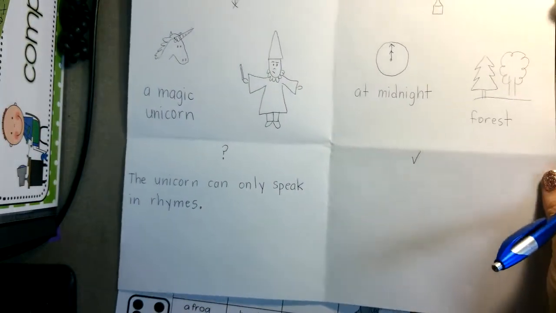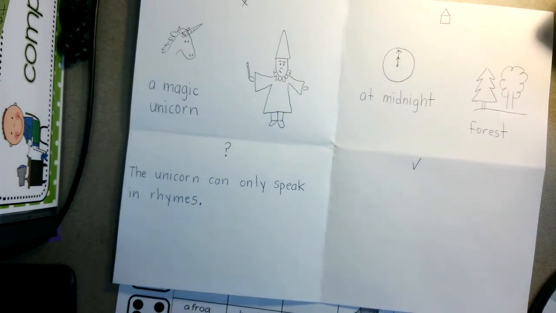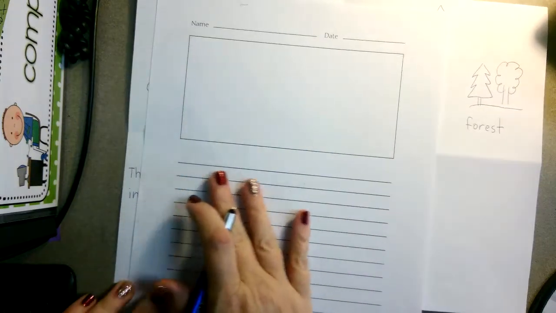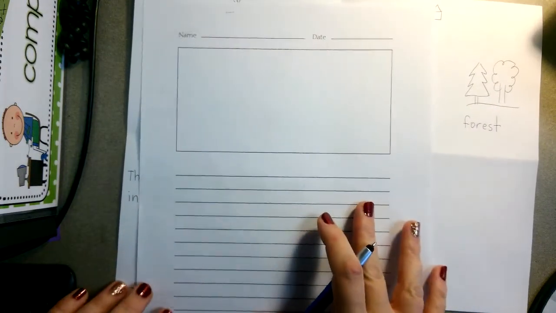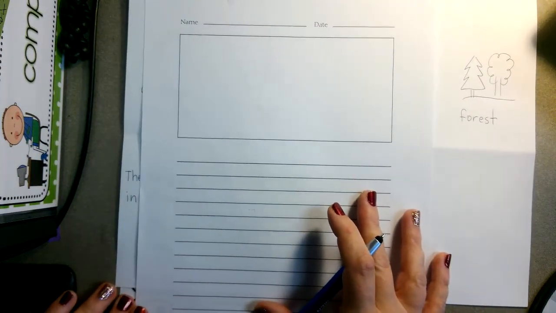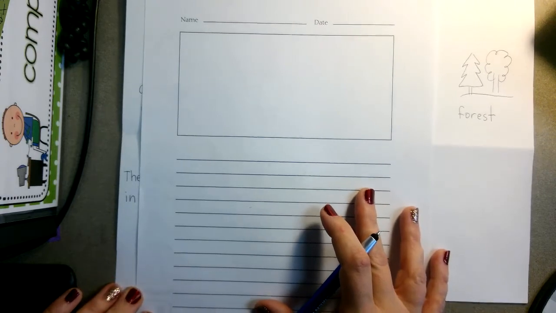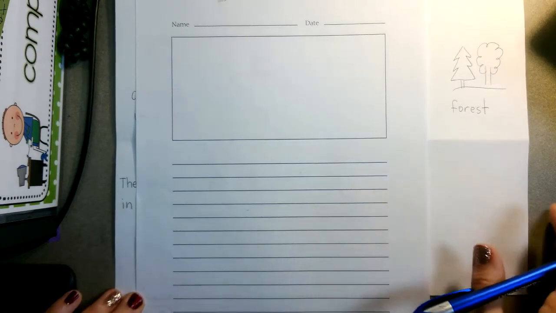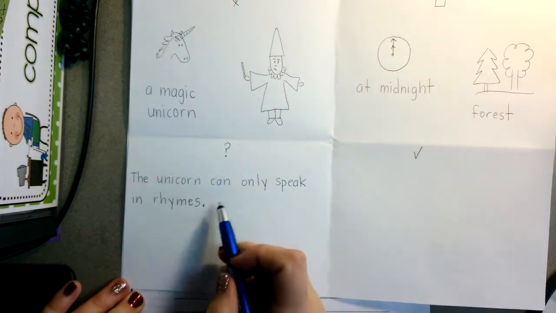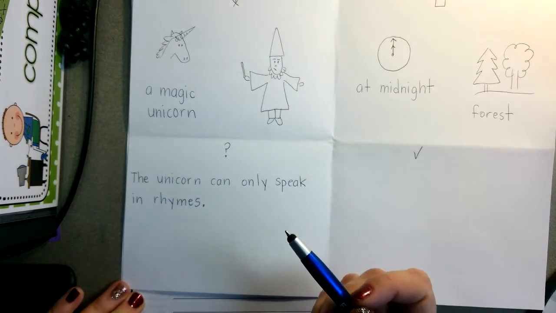I can start thinking about my story, touching and telling my story across my pages, planning out what exactly is going to happen to my magical unicorn who gets a spell cast on her that she can only speak in rhymes.